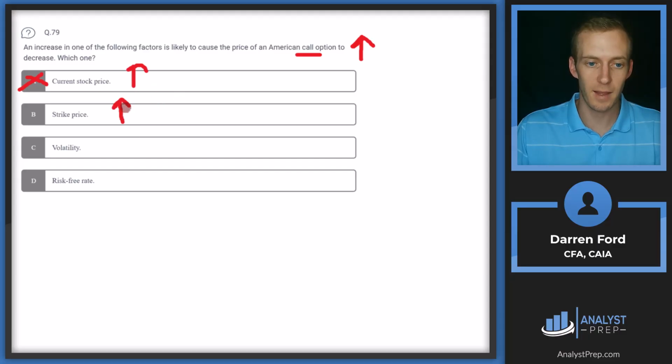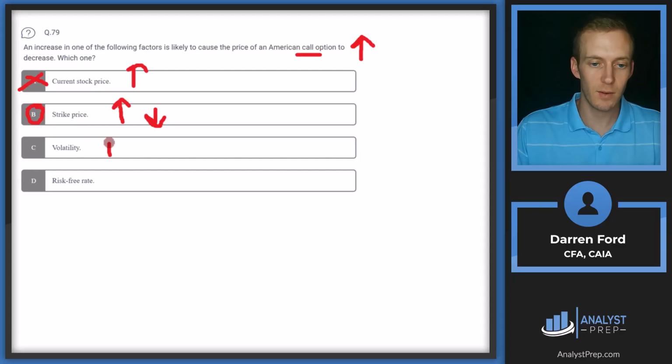So opposite from A, if our strike price increases, say from $50 up to $60, but the current price of the stock is $50, we were at the money before, but now we're out of the money. So that's going to make this worth less. Not worthless, but worth less. So it looks like B, strike price, will be our answer so far.